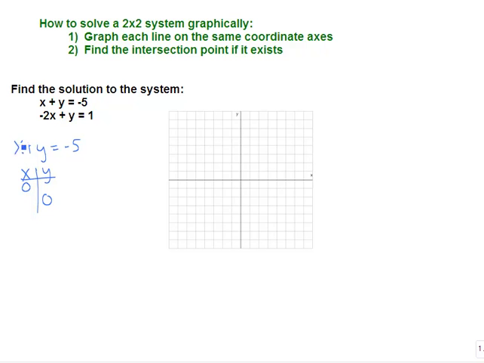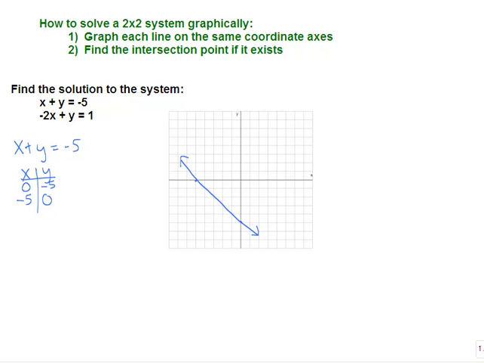Now if we let x be 0, then the x goes away, and all we would have left is y equals -5. If we let y be 0, then the y goes away, and all we would have left is x equals -5. So both intercepts are at -5. So 0, -5 would be this y-intercept down here, and -5 comma 0 would be this x-intercept, and my line is just going to be connecting these 2.